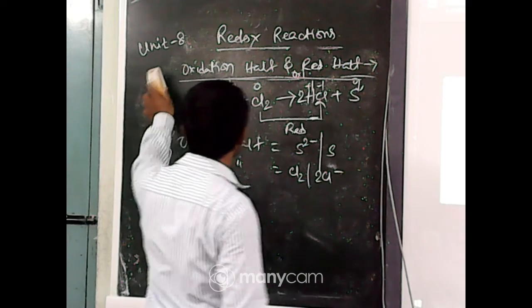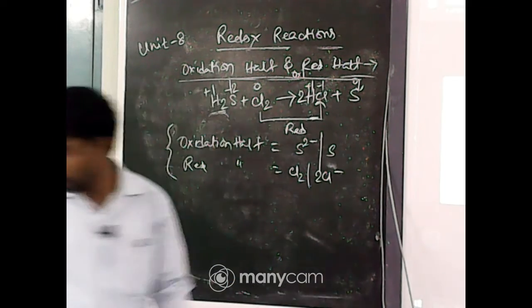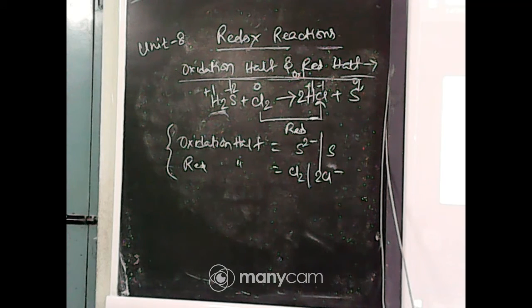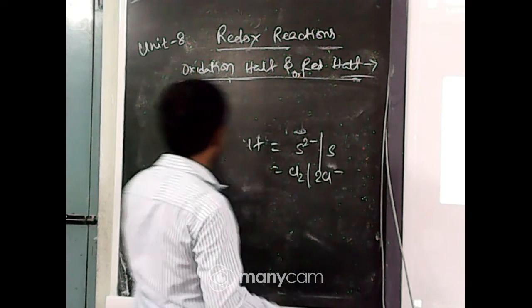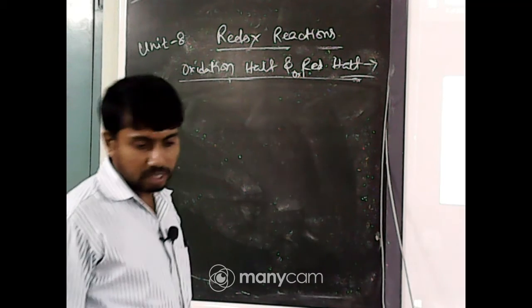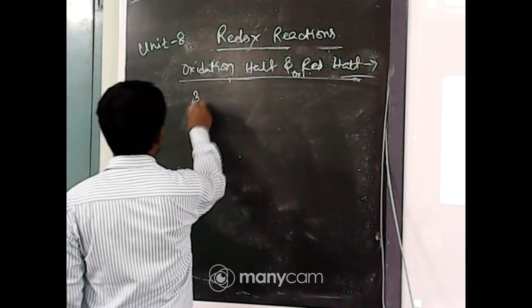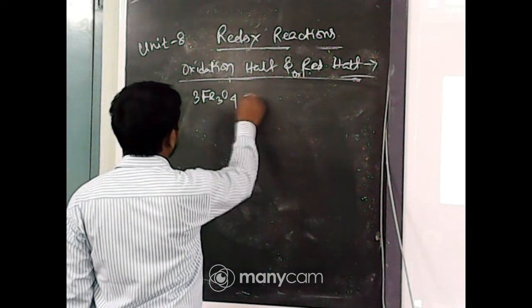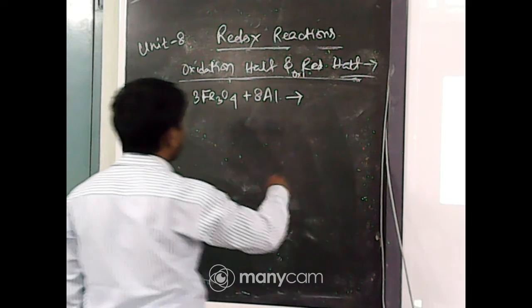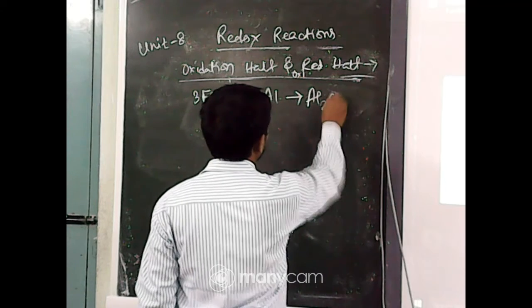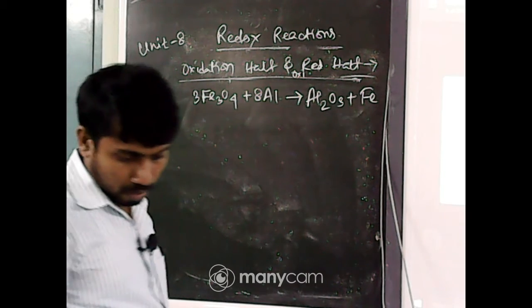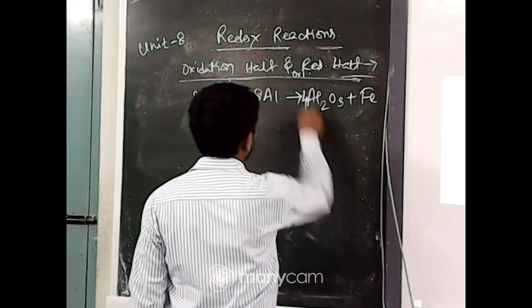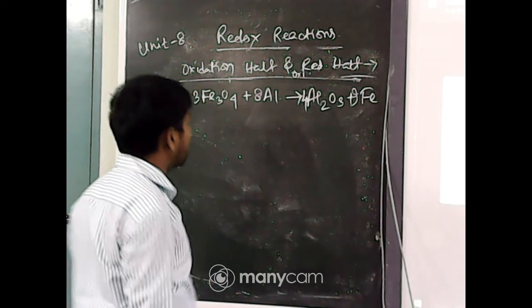I am writing this down: 3Fe3O4 plus 8Al forming 4Al2O3 plus 9Fe. Okay, it is in balanced form.